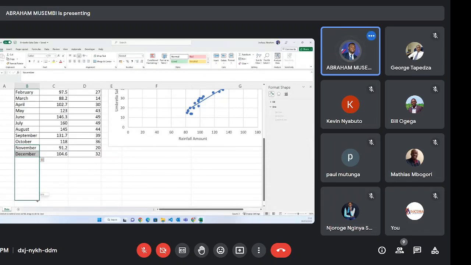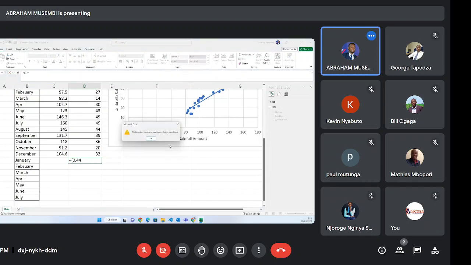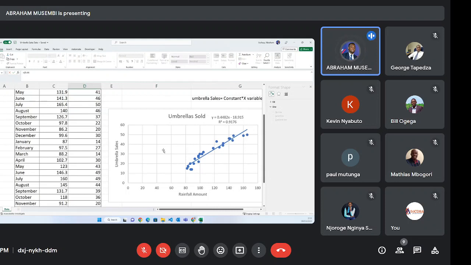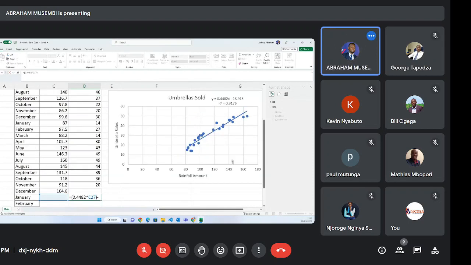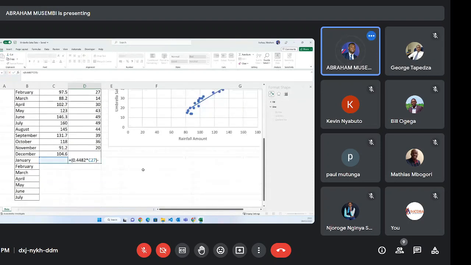For example, let's try here, and then I'll insert that formula: 0.4482 multiplied by the value of this cell. Then we minus 18.915 and then run.